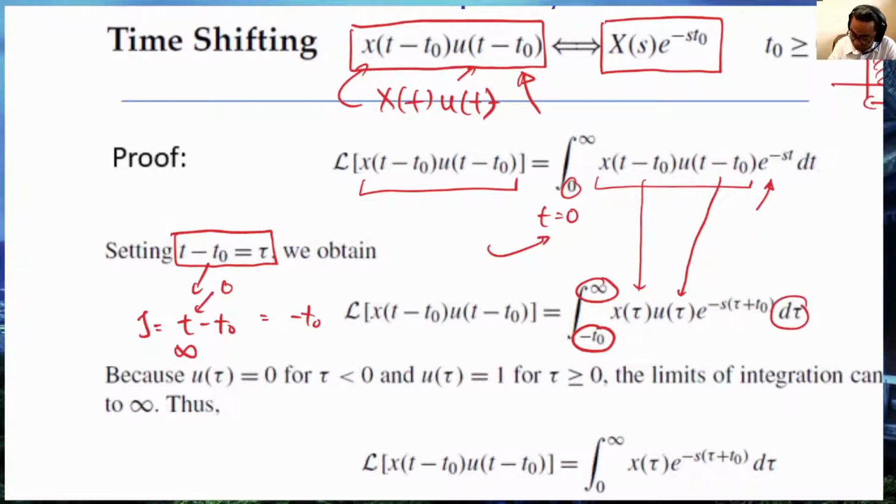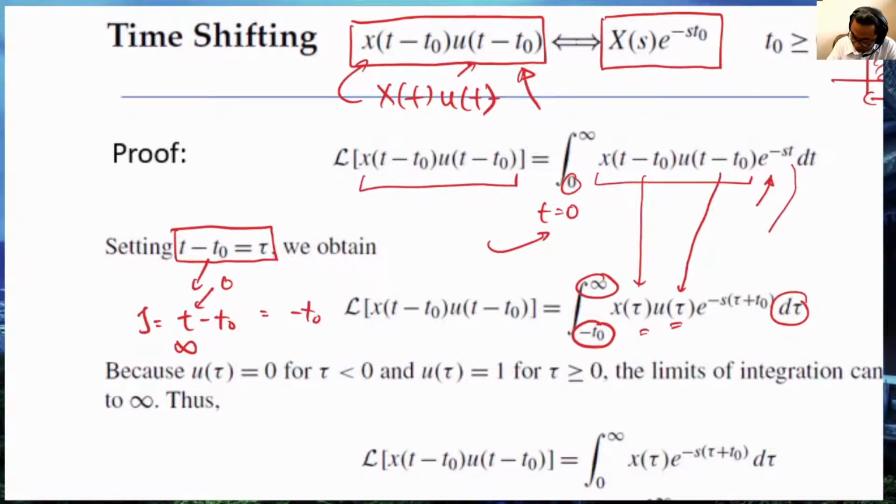Now dt becomes d tau. What about here? t is equal to tau plus t naught. So that's why we've changed the integration over here.